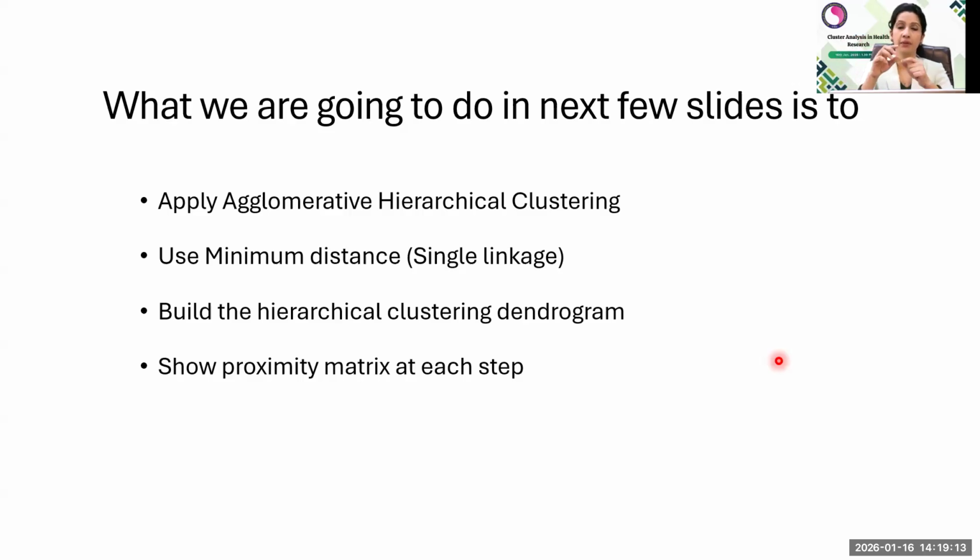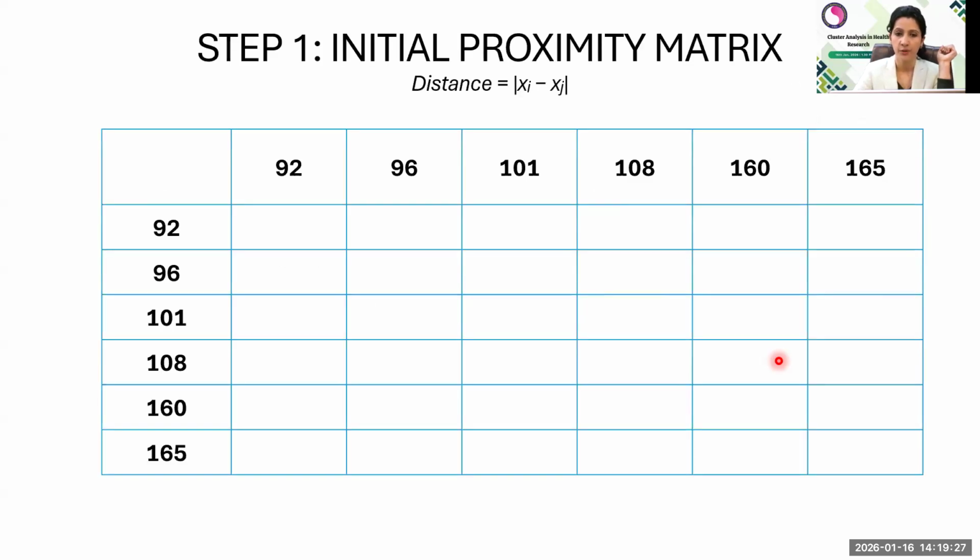And then we will show you the proximity matrix at each stage. So what is a proximity matrix? Basically, you merge the two clusters seeing the least distance, the minimum distance. So this is the first, initial proximity matrix. And how do we define the distance?